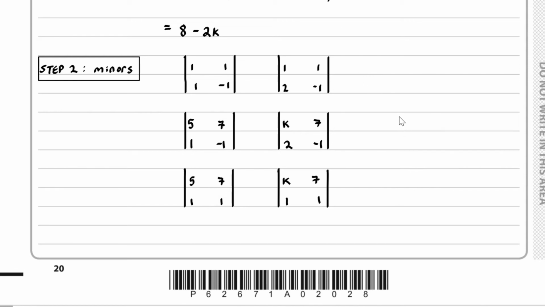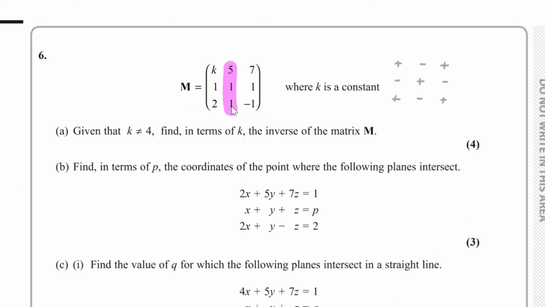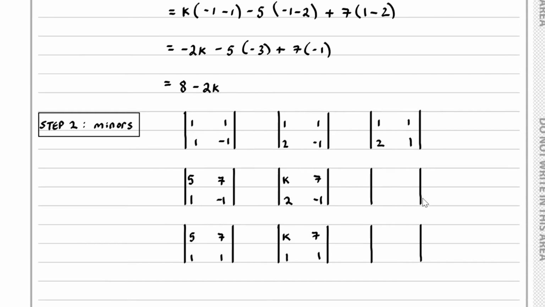So that's that particular row completed, and now for the final column, let's just add in our lines as so. So if we do that, our next step is to cover up this column, cover up this row, we take the determinant of what's left over. What's left over is the 1, 1, 2, 1.